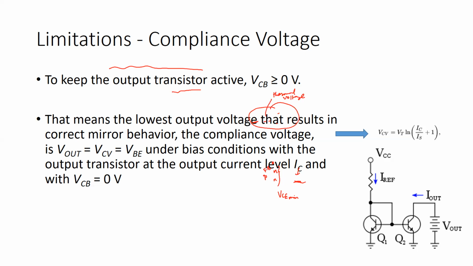The lowest output voltage that will result in correct mirror behavior, called the compliance voltage, should be VBE under biasing condition. When you have a VBE across collector emitter, VBE is equal to VCE, and therefore VCB is equal to 0. This will maintain the output transistor at the output current level IC, and VCB will be 0.